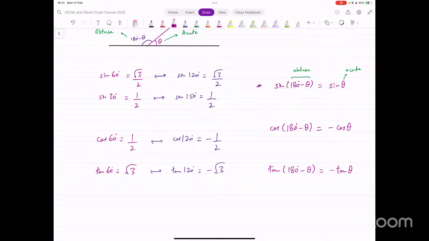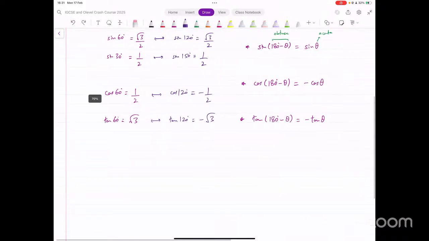The first one is the one that's most commonly tested. Cos and tan ones are rarely tested, but the sine one is tested a lot. You need to keep this in mind. Sine of the obtuse angle is the same as the sine of the corresponding acute angle. There's no difference. Cos and tan are also the same, the only difference is that they come with a negative sign. You can remember it like this.